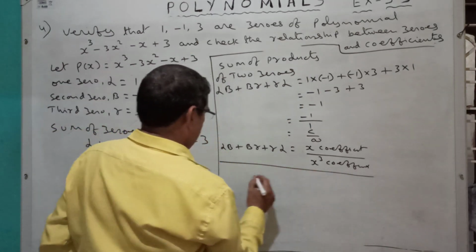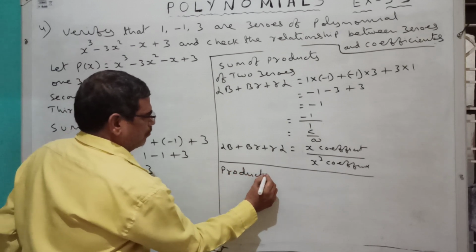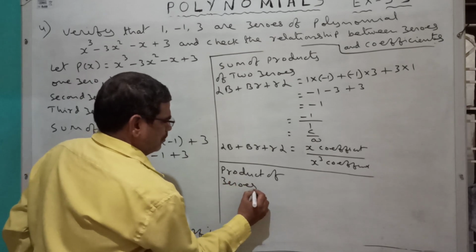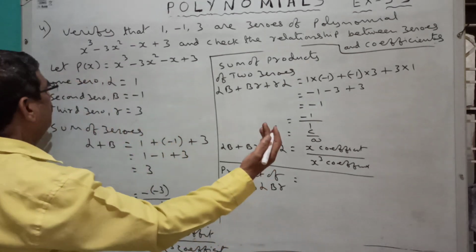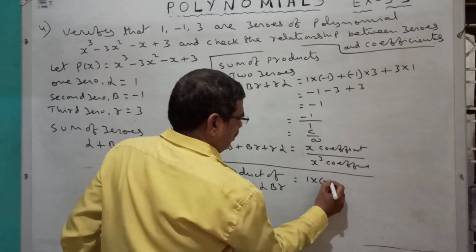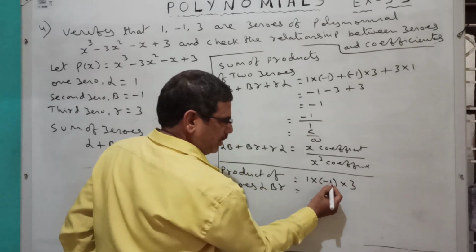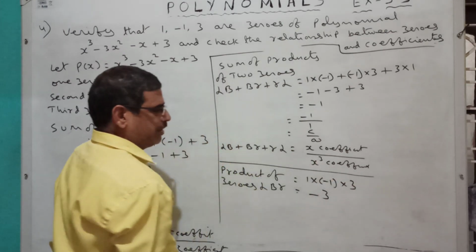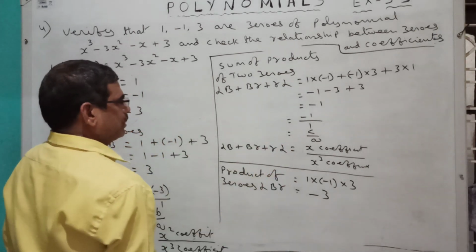So third one, the product of zeros, alpha beta gamma, is equal to, I have to multiply all the three. 1 into minus 1 into 3, plus into minus is minus, minus into plus is minus. 1 ones are 1, 1 threes are 3. So the answer is minus 3. Now do the same procedure.